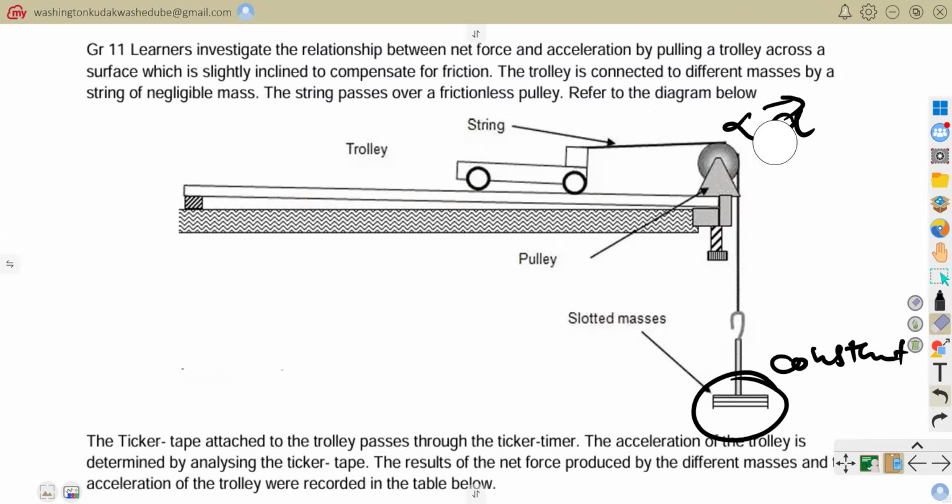So as our net force changes, we would like to know what becomes our acceleration.